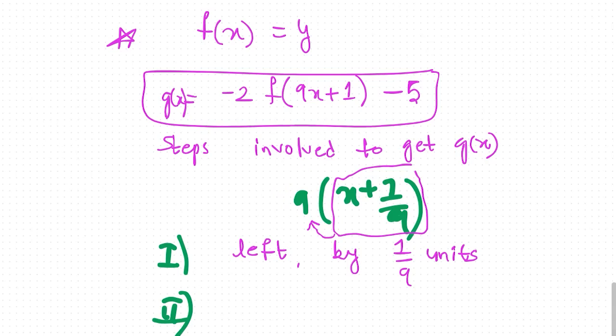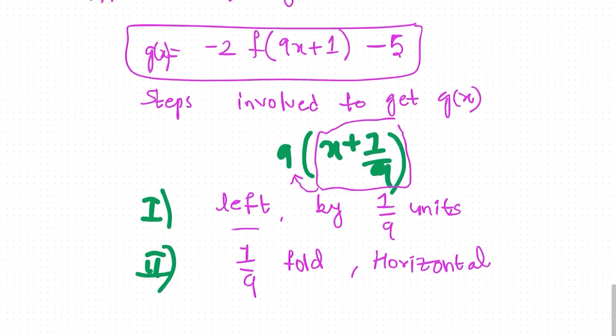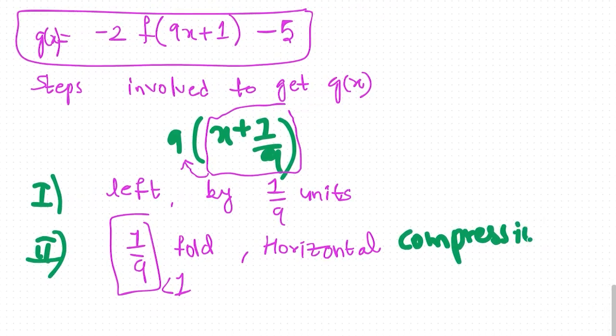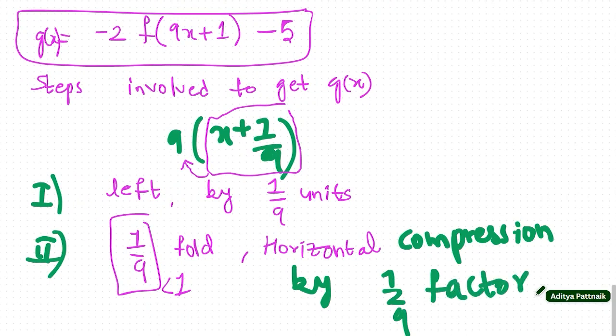So what is the factor? 1/9. 1/9 fold horizontal. Is it compression or stretch? See, 1/9 is less than 1, so it's horizontal compression. So horizontal compression by a factor of 1/9. What is the next step?